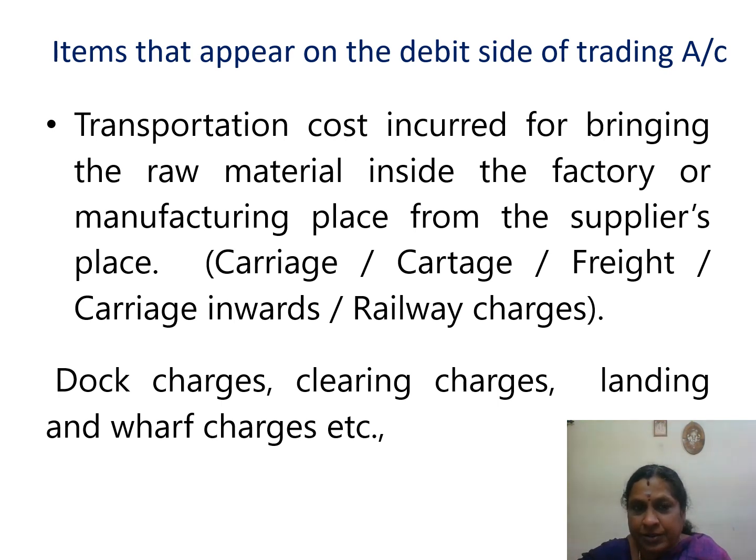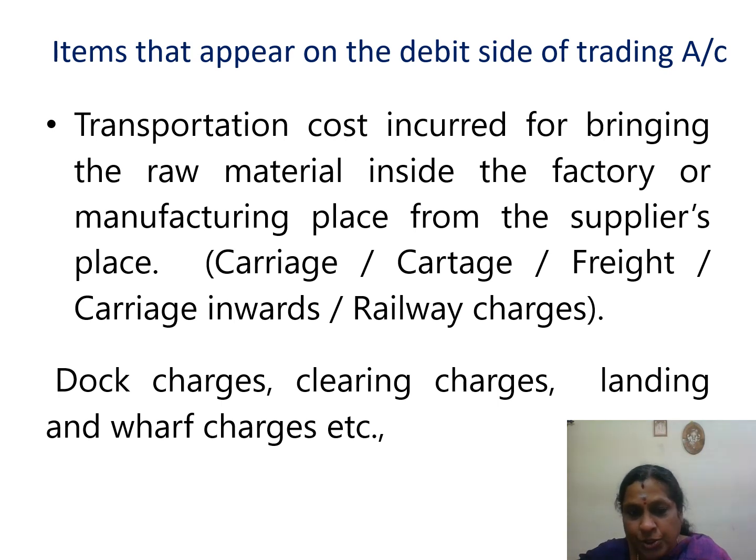This is the transportation cost incurred for bringing the raw material inside the factory or the manufacturing place from the supplier's place, and it is called by any one of the names mentioned here. It can be called carriage, cartage, freight charges, carriage inwards, railway charges, etc. All these mean the same: transportation cost incurred inwards.